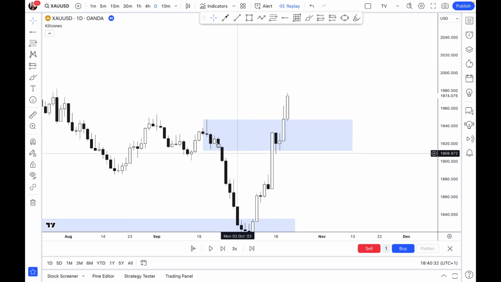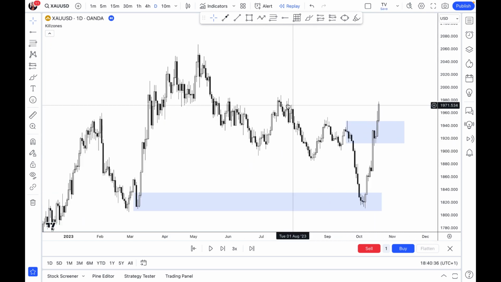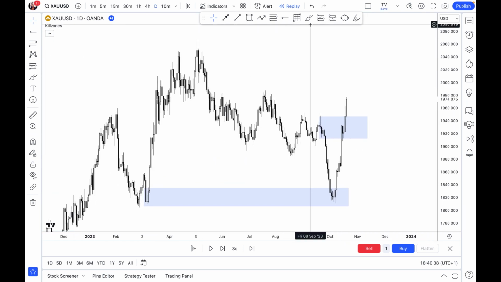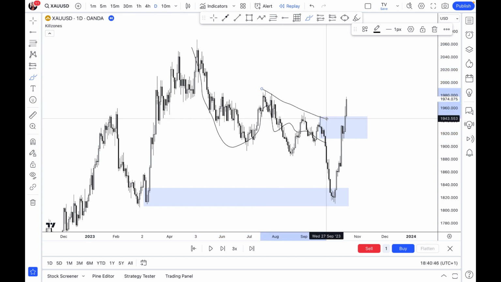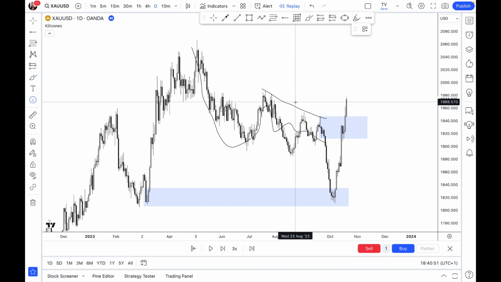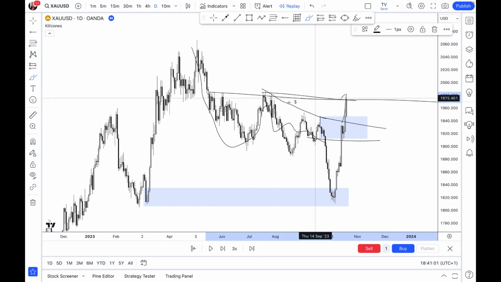Okay, and as you can see, this supply level has been invalidated. Price has now broken above it, and if you look at the bigger structure of price, you can see that over time, when the market was pushing down from right here, the market created this liquidity area right here. This zone is a liquidity zone, and once price has broken above this supply level, we already know that price is coming to grab all the liquidity that was sitting right here.